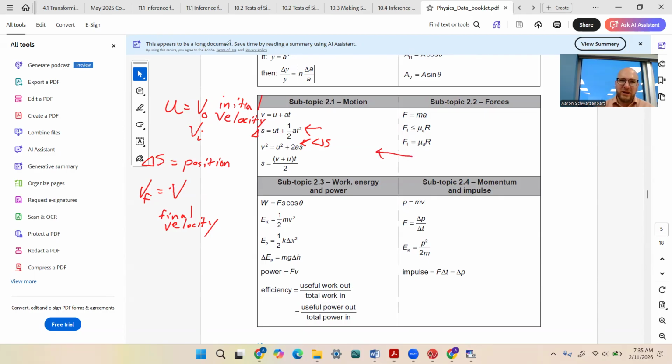These are only, and I can't stress only enough, for constant acceleration. That means your acceleration is a number like 5 or negative 9.8. They are not for accelerations that have a formula like 5t.